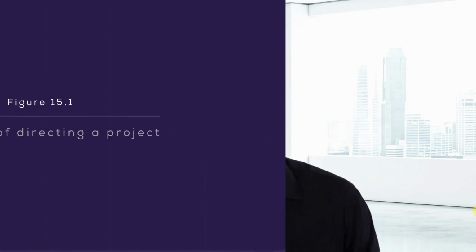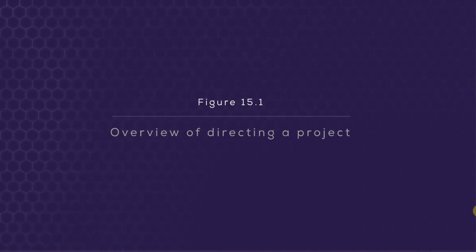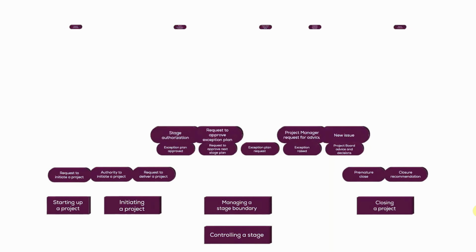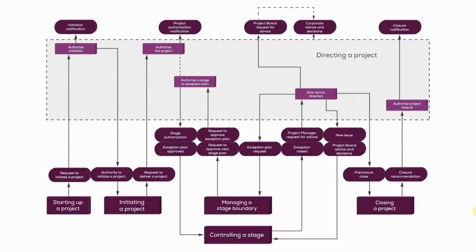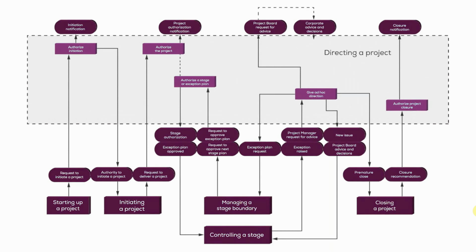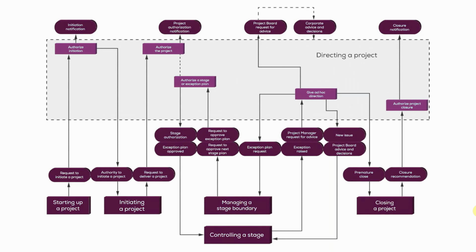Let's have a look at an overview of the process and the flow of the activities, before drilling down on each of them in more detail. If you want to follow in your manual, you're looking at figure 15.1, the overview of the directing a project process. There it is, and you'll see again inside the dotted lines is the directing a project process.